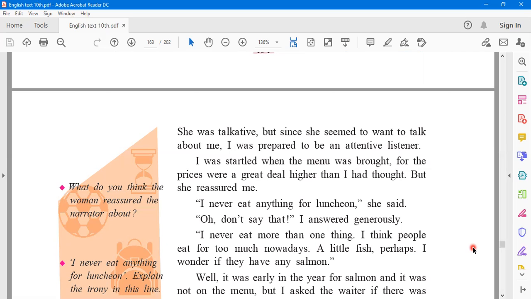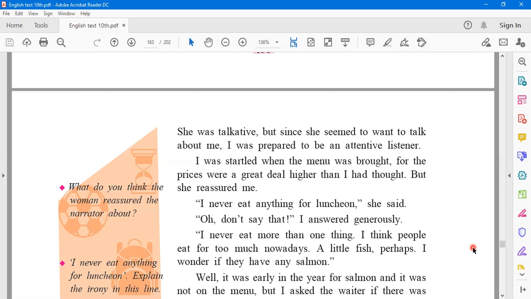What did she say? She said I never eat anything for lunch. After that she said I never eat more than one thing. But once she started eating, she started ordering every expensive dish at the restaurant, much to the shock of the writer.